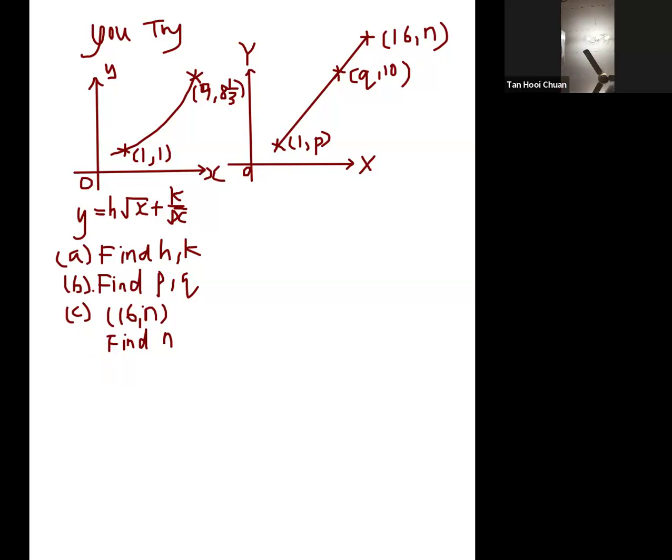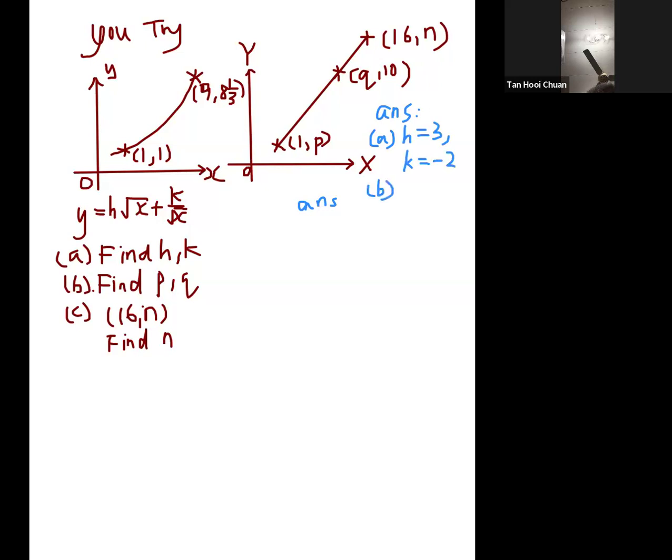So for your answer, I use blue ink to show you. I write down here later, I need a space. A, the h and k: h equals 3, k is -2.